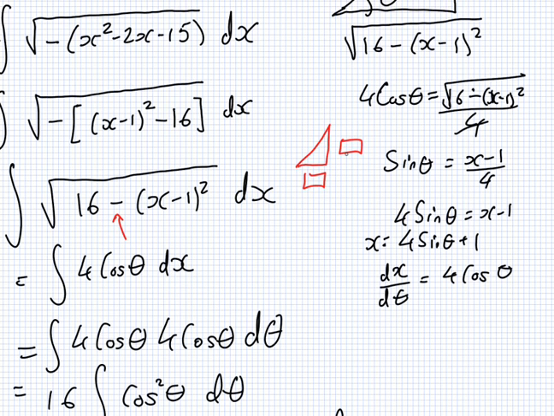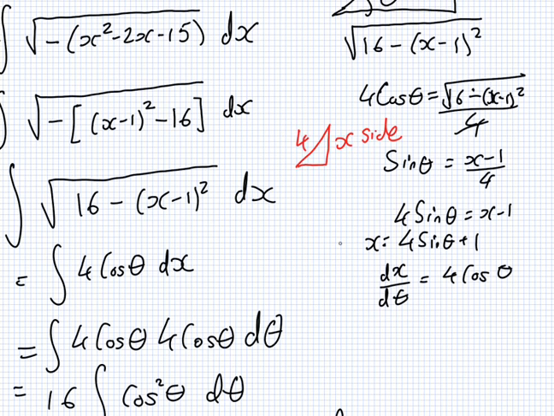And in fact, it doesn't matter which way around I draw the triangle. Of course this would have to be the hypotenuse if there's a minus here. If I put x minus 1 here and 4 here, or the 4 here and the x minus 1 here, both are fine. It's just that we usually choose to put the x side here.